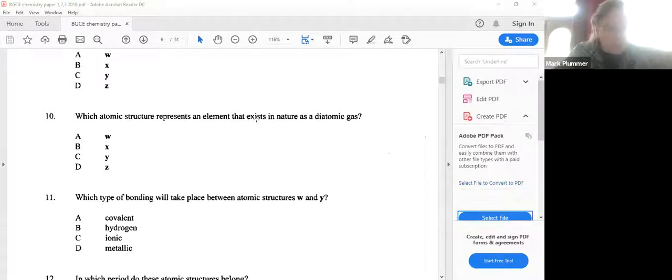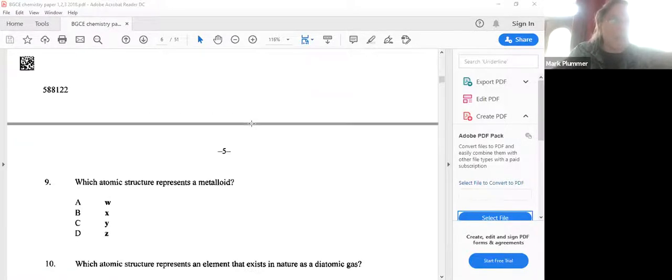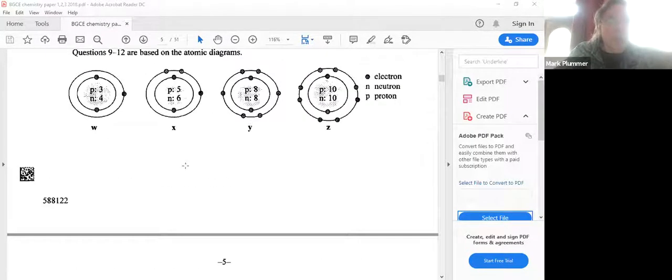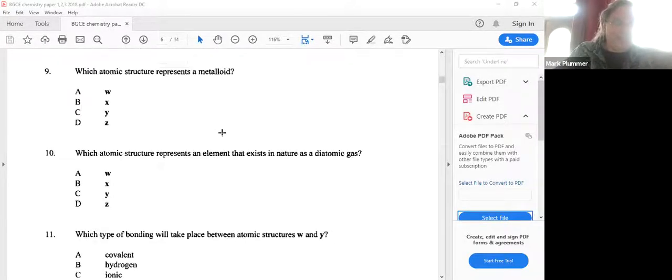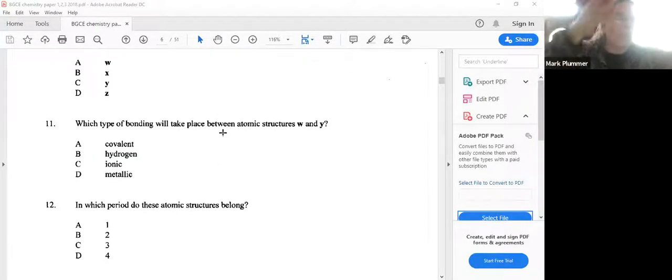The answer to number 11 is C. Ionic bonding, W and Y. This is another question where, if you're not sure what the different sorts of bonding are and how that works in terms of electrons, now would be a good time to have a quick look and see what they are.